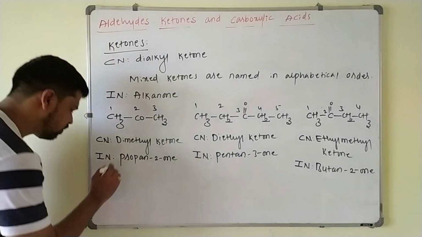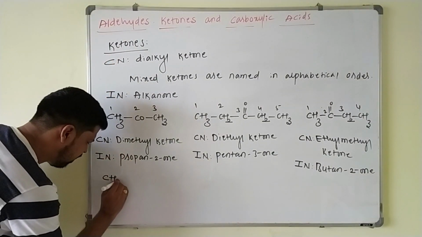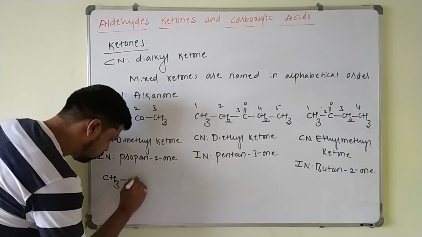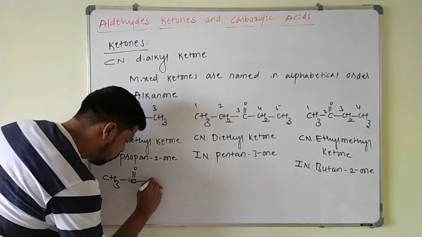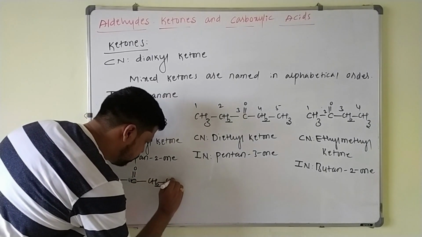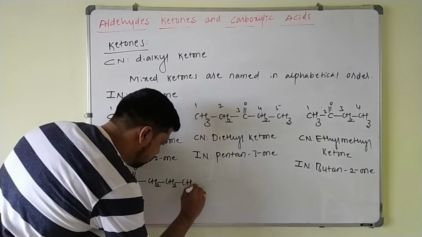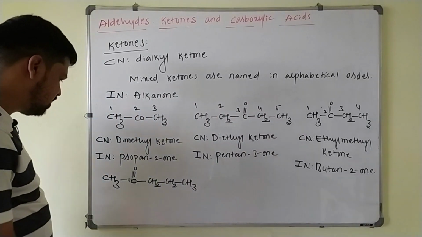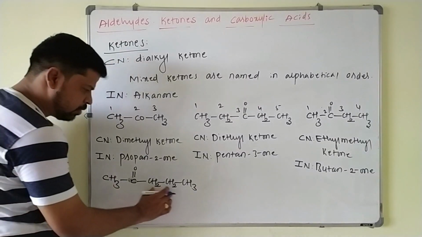Next one. Suppose I take CH3, C double bond O, CH2, CH2, CH3. Two different alkyl groups are present here. A methyl group is present, and this is a propyl group.